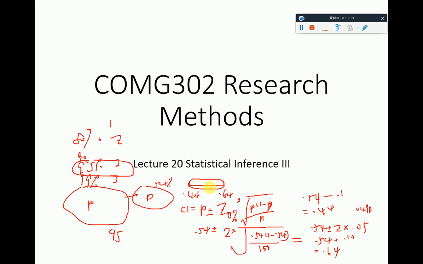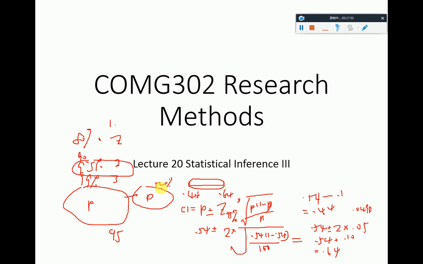If we just look at this point estimate, we would tend to conclude that yes, this political candidate has the majority support, because 54% is greater than 50%, which is an even split, right?